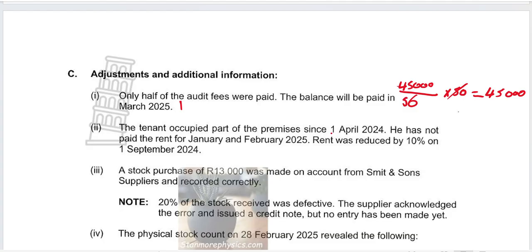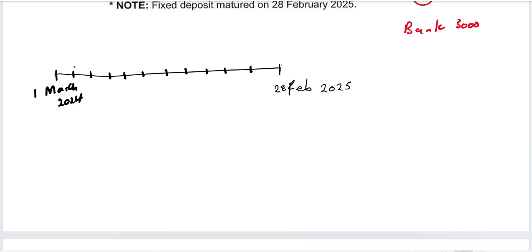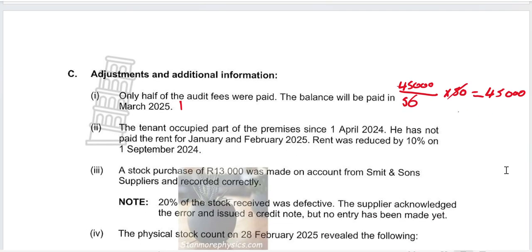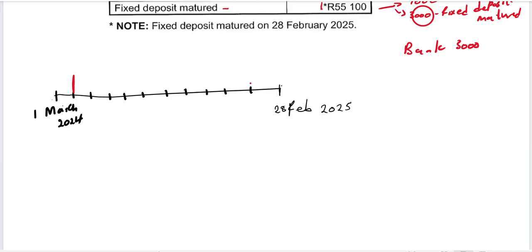Okay, he started renting on 1 April 2024. It is March, April, he started here. Do you get me? So he has not paid the rent for January and February. Let's go to our timeline. Rent for January and February 2025, didn't pay.